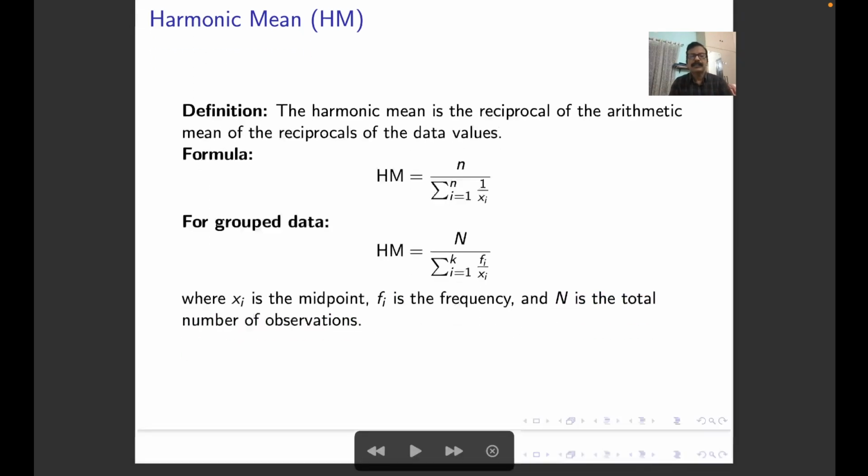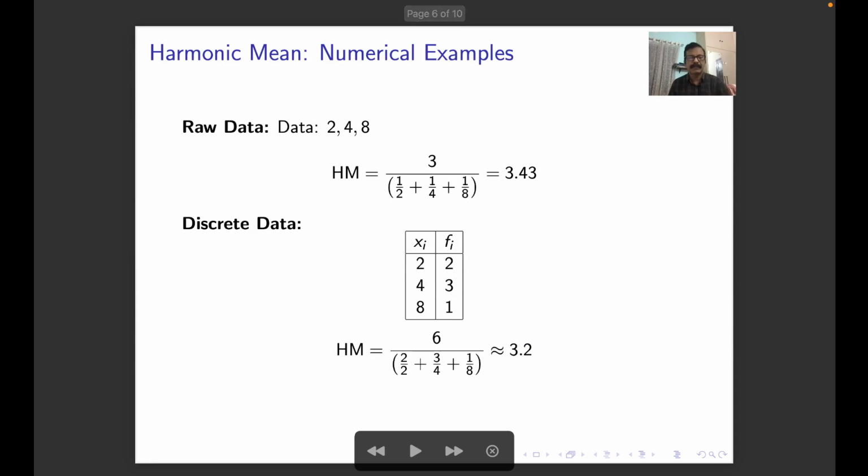Now we can use some data sets to illustrate these concepts. The first case, 2, 4, 8 as the raw data. So harmonic mean is 3 divided by 1 by 2 plus 1 by 4 plus 1 by 8, that is equal to 3.43.